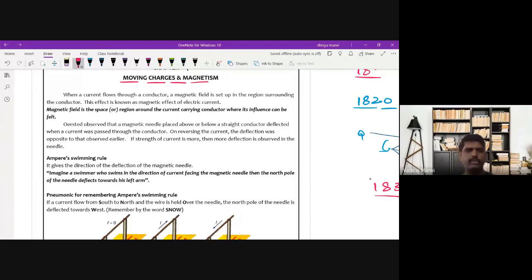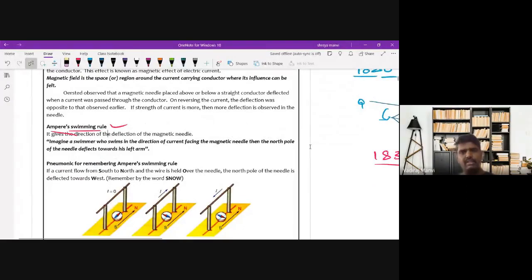The direction of the magnetic field was first given by Ampere. See, rather than defining what is magnetic field, first they started thinking about direction, because they know if it is a vector quantity, rather than magnitude, it is very important to talk about direction. So the first idea was given by Ampere, and it is called Ampere's swimming rule.